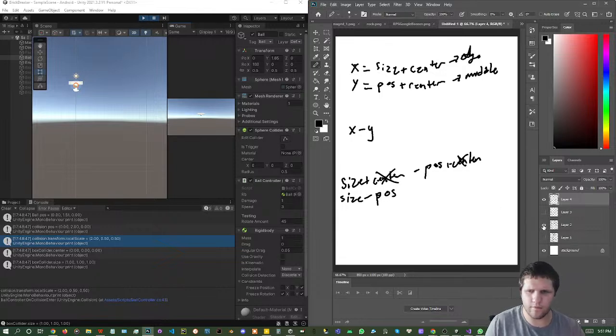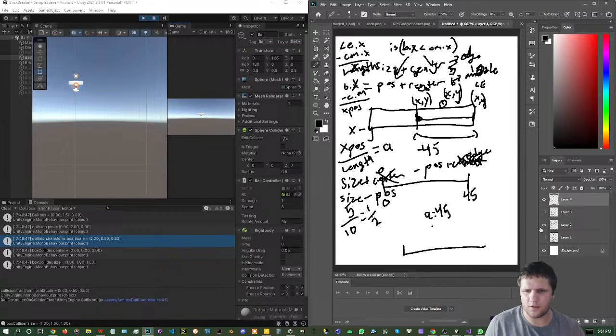Okay? Yes. So size minus position, and then we have the, what is that? The edge? No, the middle. Okay. And then we have the ball minus the middle.